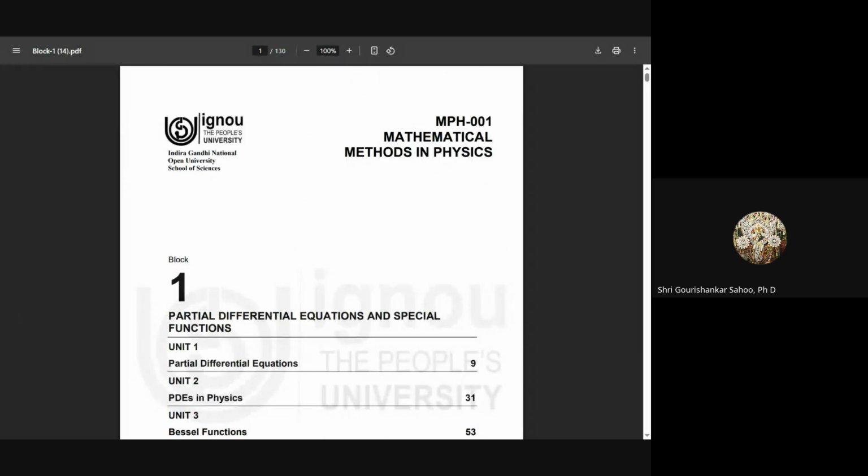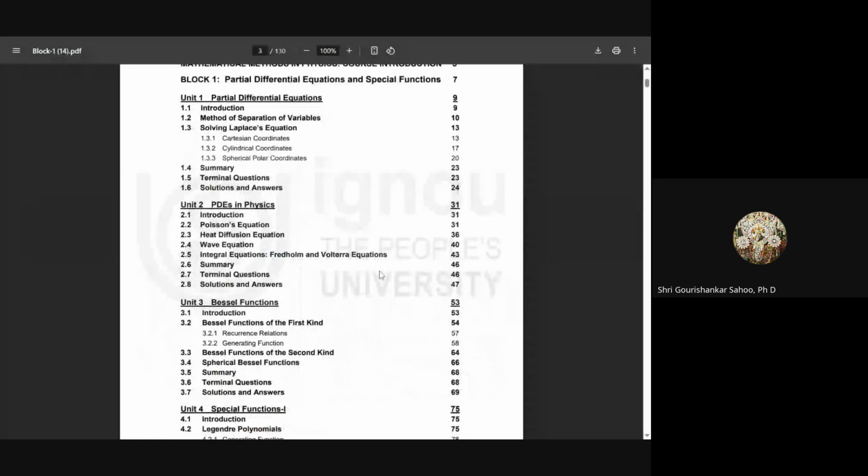So in this course, we have discussed many things. So partial differential equations, and we have solved partial differential equations using the method of separation of variables.